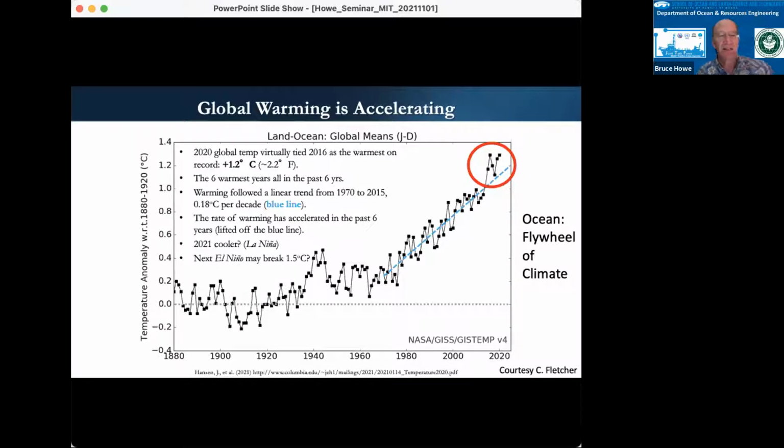And I say here in the other slides, the ocean is the flywheel of climate, and we really need to know all the intimate details of ocean flow and characterization to better predict the climate changes that'll affect the human state.